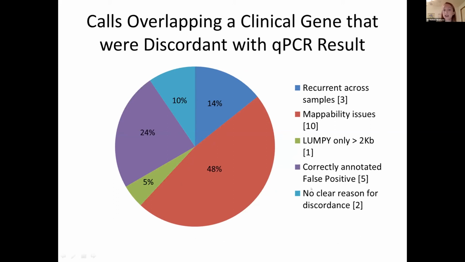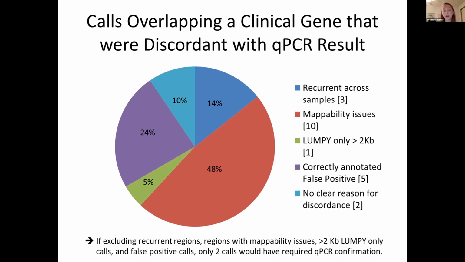So what this leaves us with is out of our entire validation set, there would only be a couple events that there was no clear reason for the discordance with the qPCR result. So if we exclude recurrent regions, regions with mappability issues, greater than 2 kb LUMPY only calls, and false positives, then we would only have a couple calls that require qPCR confirmation, which is more along the lines of what would be feasible for a clinical assay.